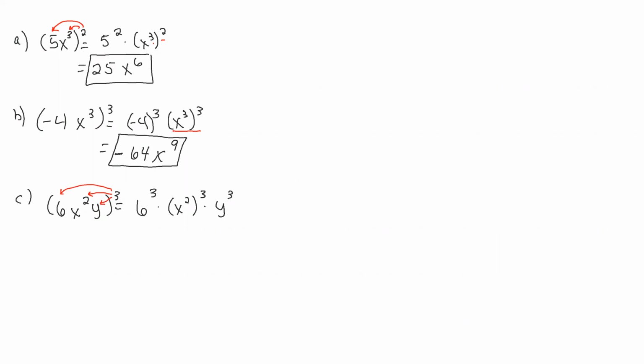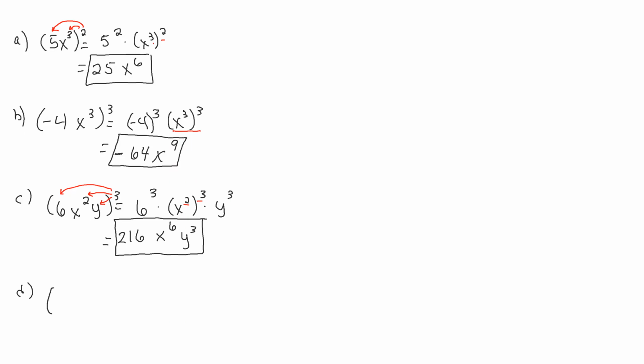Well, 6 to the third, we want to work that out. And we should get 216. You could certainly use a calculator for that. So I get 216. And then for x squared to the third power, this is a power rule. So I'm going to keep the original base and I'm going to multiply the exponents. And then y to the third doesn't really simplify. We just bring it down. And there you have it.